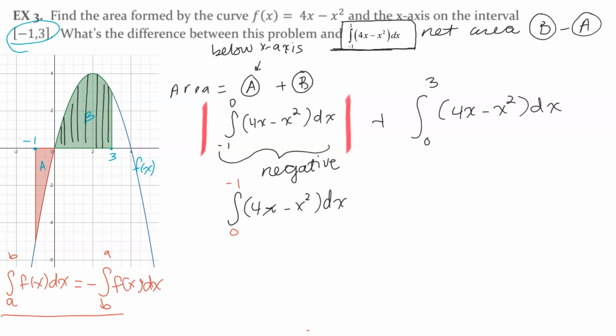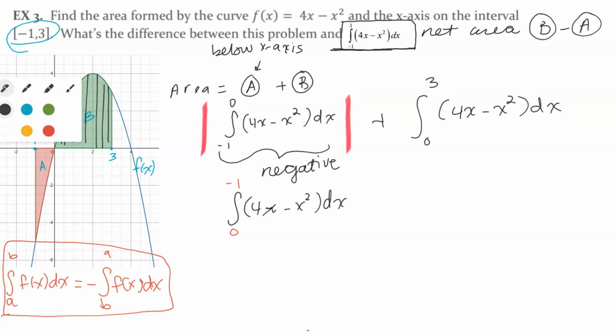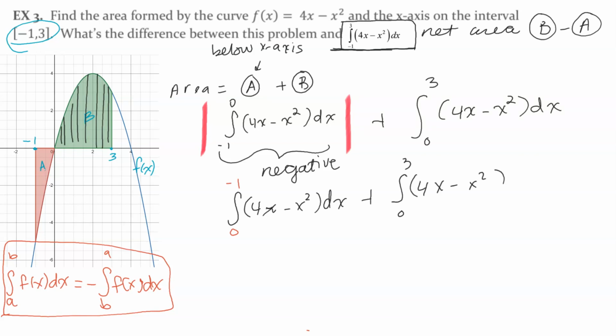So that is one property of integrals that we know. Either keep it the same and take the absolute value, or switch the limits. And the other part is 0 to 3 of 4x minus x squared dx. Either way, you will get the same answer.